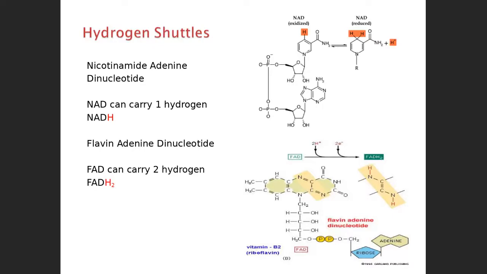In prokaryotes, of course, that's the plasma membrane, but in eukaryotes, that's the mitochondria. Okay? They have big old long names. Nicotinamide adenine dinucleotide, you can just know it as NAD. NAD can pick up 1 hydrogen. FAD, flavin adenine dinucleotide, FAD can pick up 2, so it becomes FADH2.